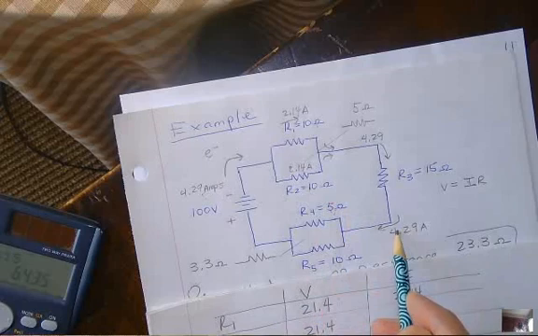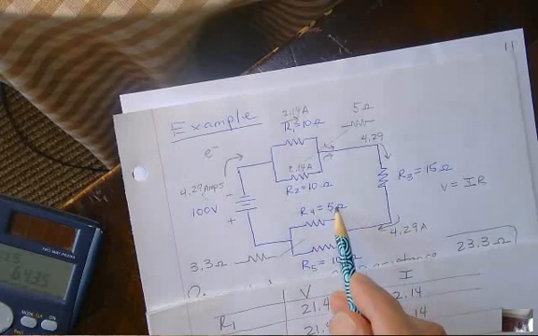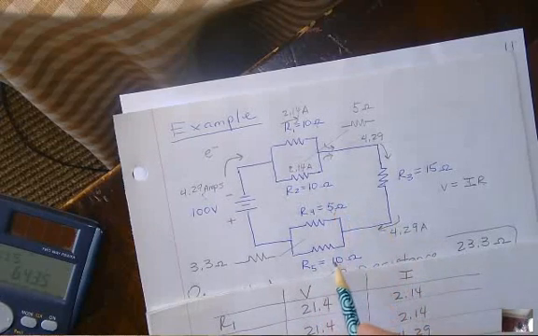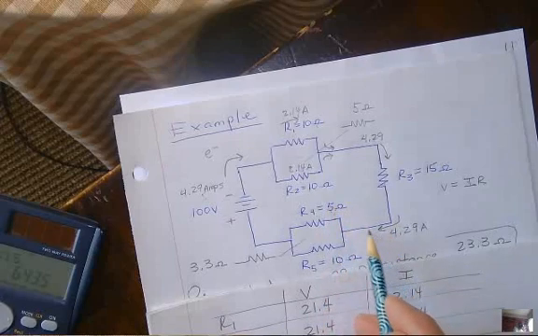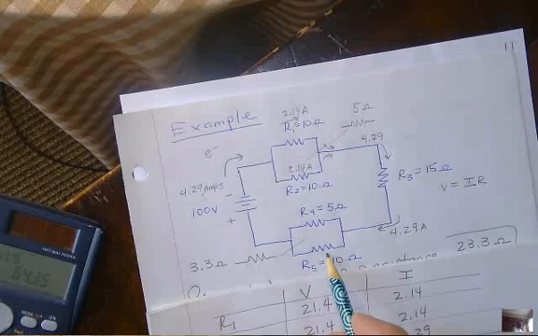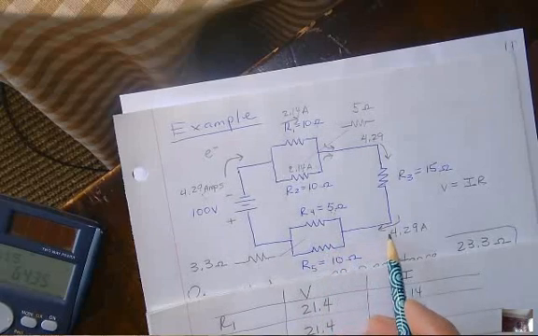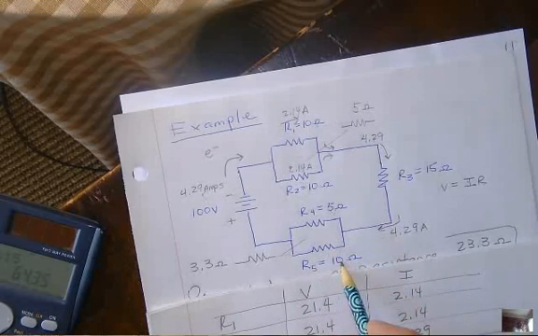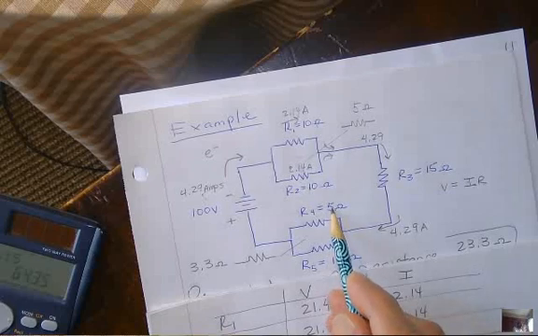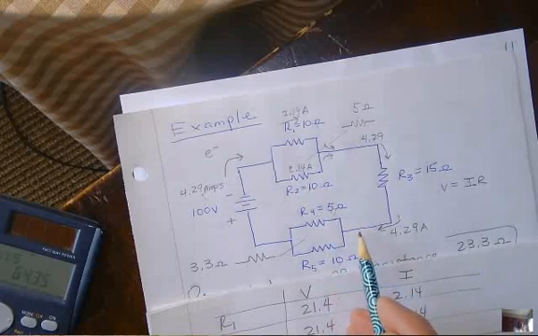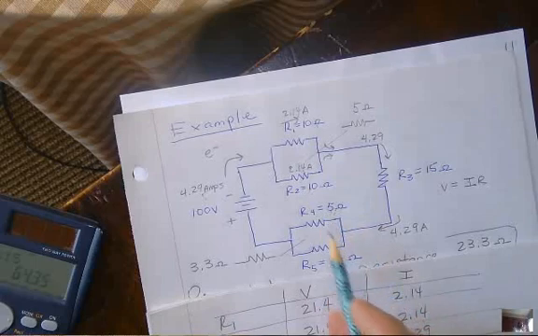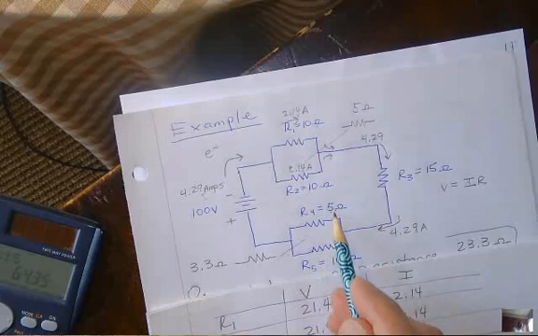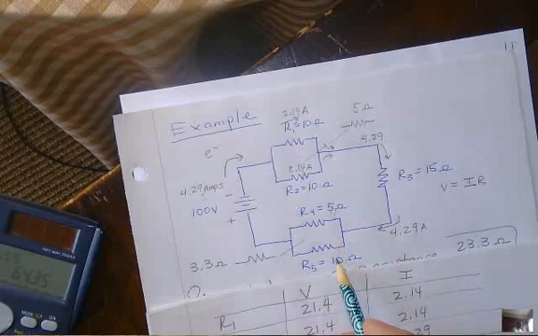So 2/3 out of the total of 15, 2/3 of the current are going to go this way, and 1/3 of the current is going to go this way. Now that's one way of looking at it. You get the current first. If not, you can figure out what each one of these resistors are, so I'll do that way too. But right now, follow my logic, right? 10 plus 5 is 15. 2/3 goes this way, and 1/3 goes this way. Why 2/3? This is twice as easy as this.